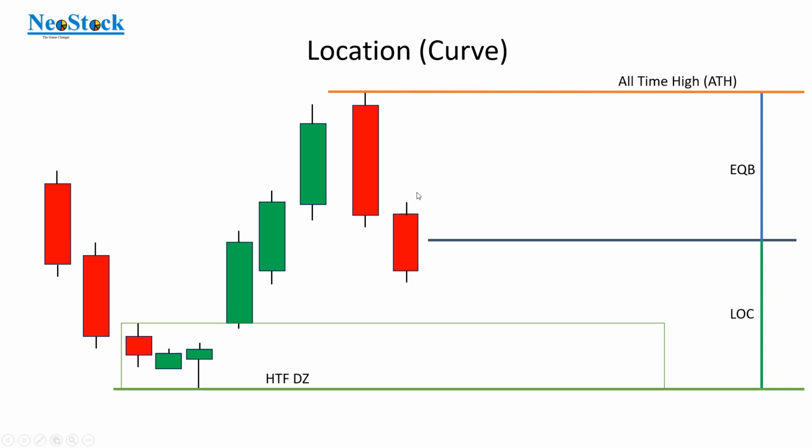Okay, now here prices are moving down. So in this scenario, is it advisable to go for short trades? No, it is not advisable. Now prices entered into this zone and again are moving towards the all-time high. Can we take a buy decision near this candle? If there are any lower time frame zones, yes, we can take it.